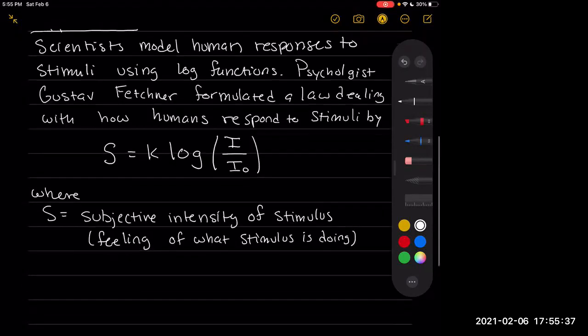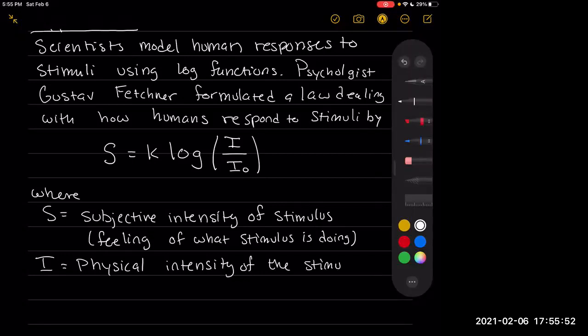Okay, and then I is the physical intensity, and so that kind of means it's the actual length of the wave function that sound is doing, because sound moves in waves. It might be like the length of a cycle or something like that.